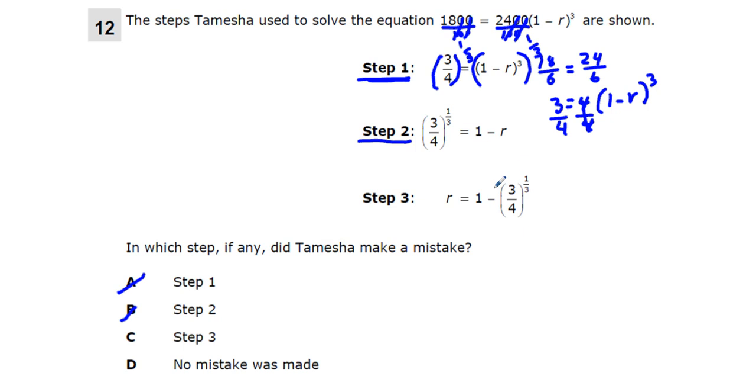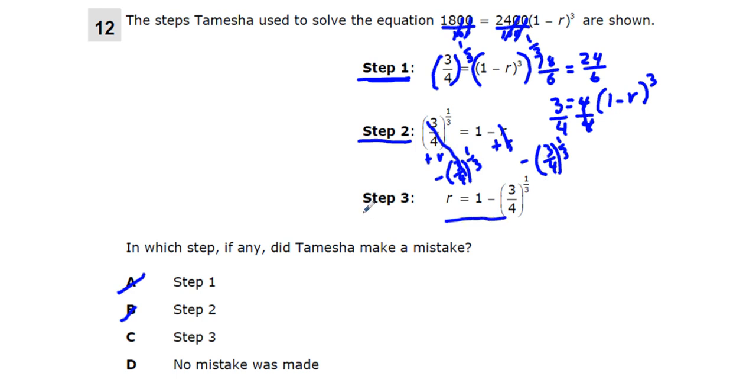And finally, you're just going to solve for r. If we add r to both sides of this equation, and we subtract quantity 3 over 4 to the 1/3 power from both sides, then the r's cancel, and what we have left is r equals 1 minus this thing right here.